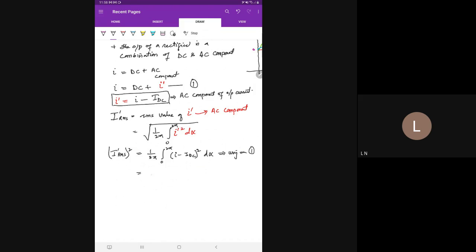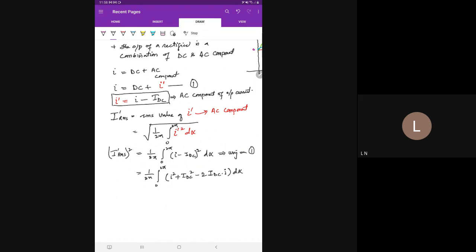So we'll have 1 by 2 pi integral of 0 to 2 pi, then expanding the inner term I minus I dc whole square, we will have I square plus I dc square minus twice I dc into I, d alpha.